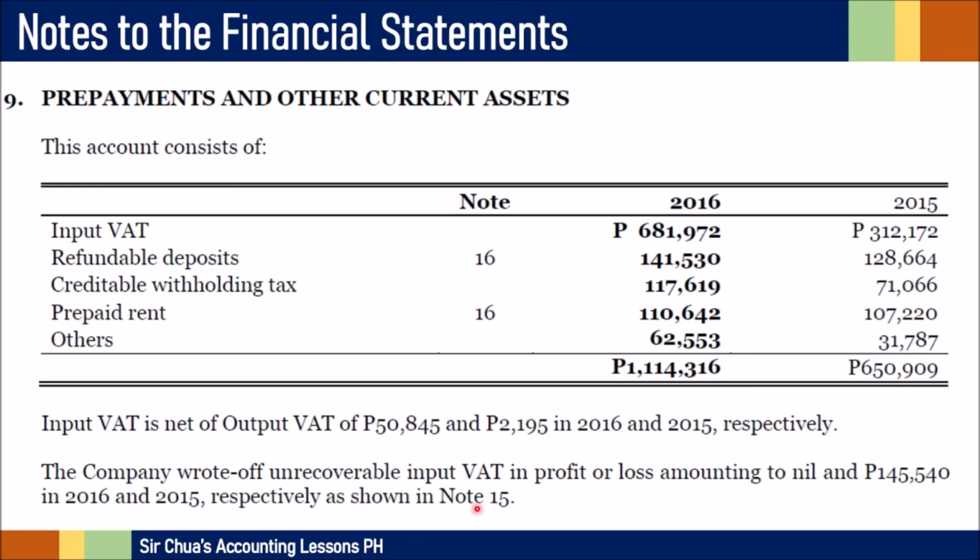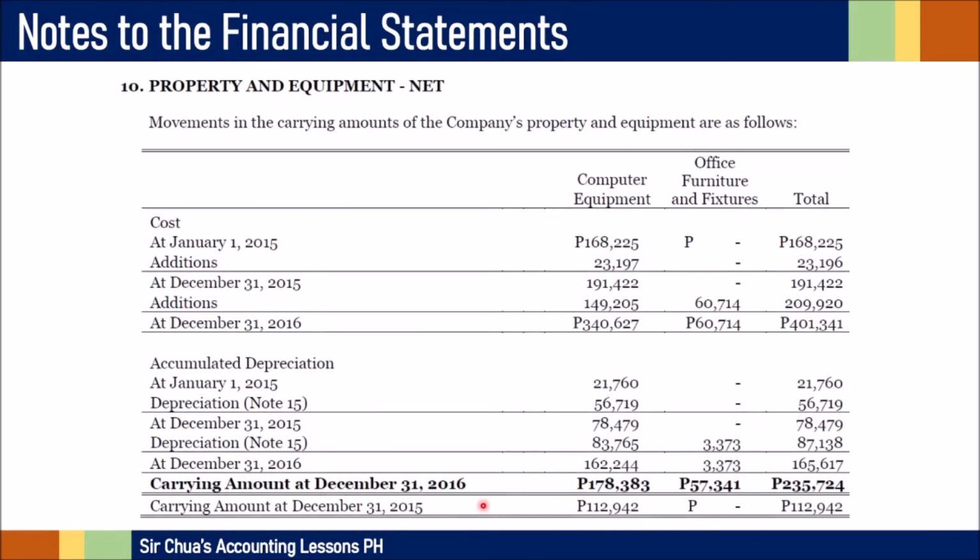Okay, note 15 is actually your BIR information. And then you also present how you get your property, plant, and equipment as to their original cost and accumulated depreciation. And then basically cost less accumulated depreciation, that is the carrying amount at the end of the period, which is presented on the face of your FS.